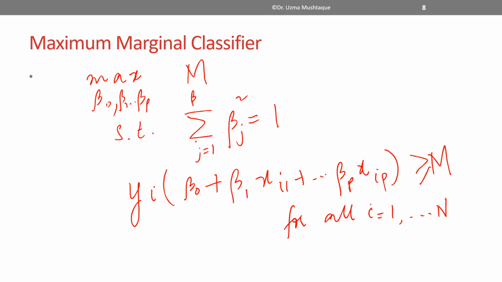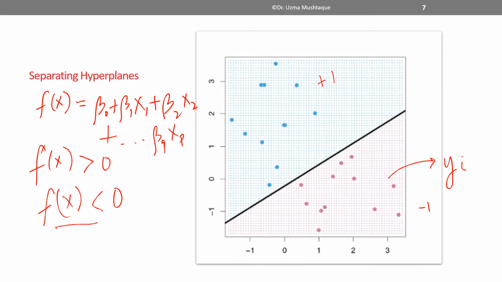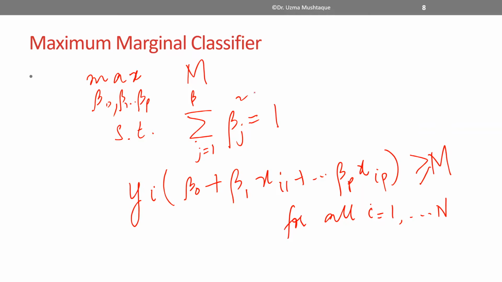This is a convex optimization problem, and the solution to it, the betas of the hyperplane, will lead us to the maximum separation between the two classes.